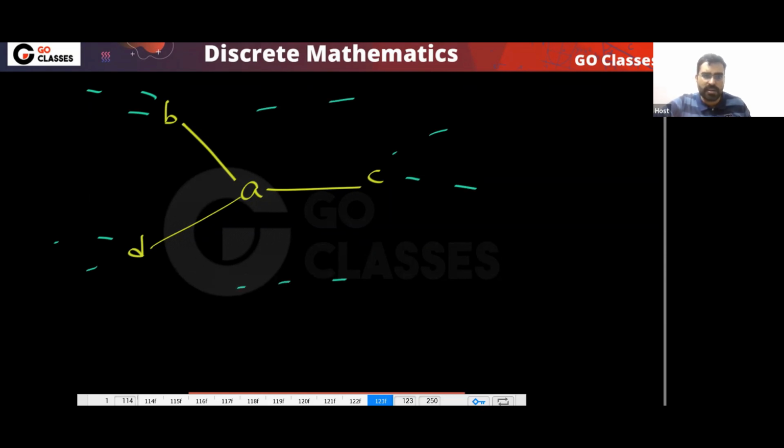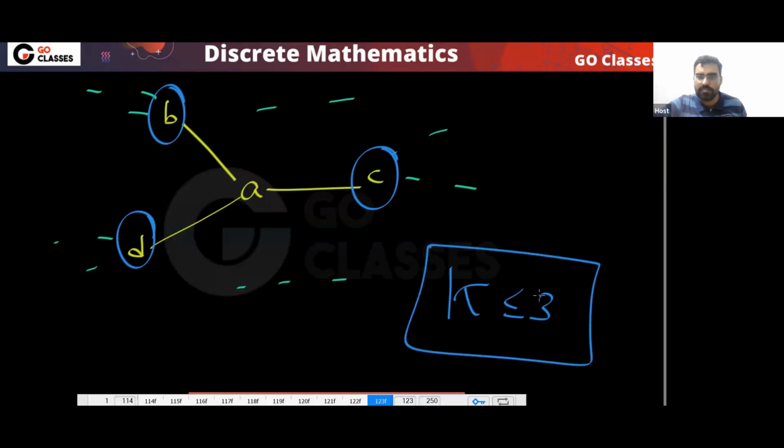If I remove these 3 vertices, either you will get a single vertex, or the graph will disconnect. Yes or no? So finally I can say that kappa is definitely less than or equal to 3.